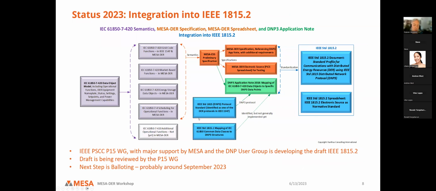And this, again, I won't go through in detail because it's just sort of historical, but I think it's important to recognize that we took 61850, we took DNP3, this blue. We originally created a preliminary specification, but eventually created this DNP3 application note in 2018.